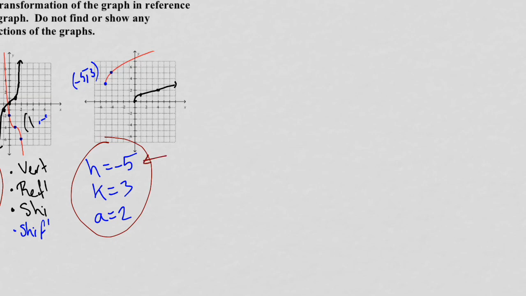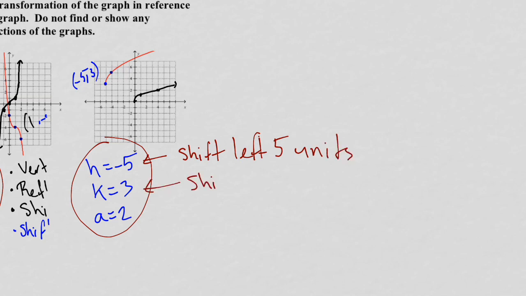This right here means shift left by a factor of -5. We don't have to say by a factor of. Just shift left 5 units. This one right here means shift up 3 units.